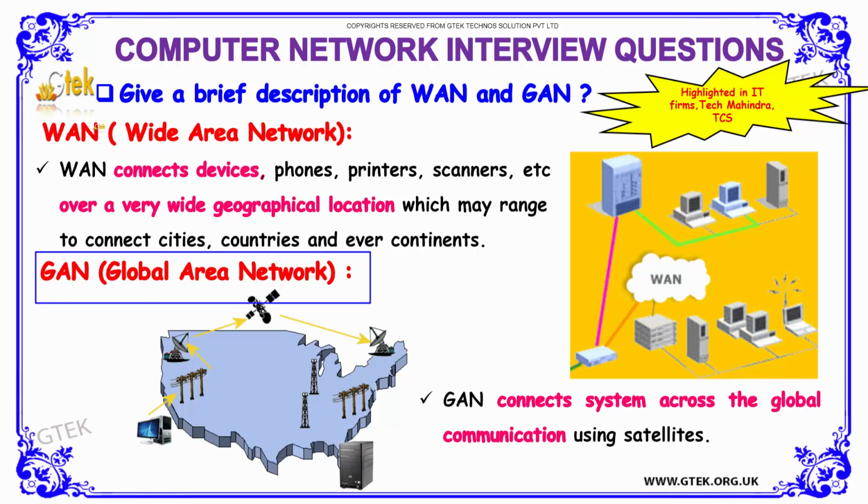GAN is nothing but Global Area Network. GAN connects systems across the global communication using your satellites. So it connects across the global communication systems using satellites, that is your GAN.